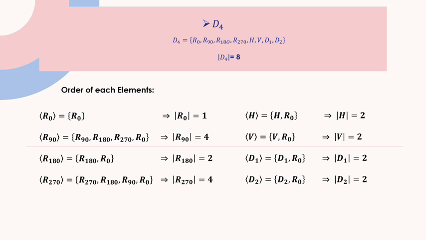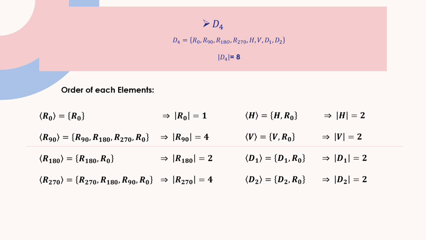For R sub 0, the elements under R sub 0 is R sub 0. Therefore, the order of R sub 0 is equal to 1. For R sub 90, the elements under R sub 90 are R sub 90, R sub 180, R sub 270, and R sub 0.